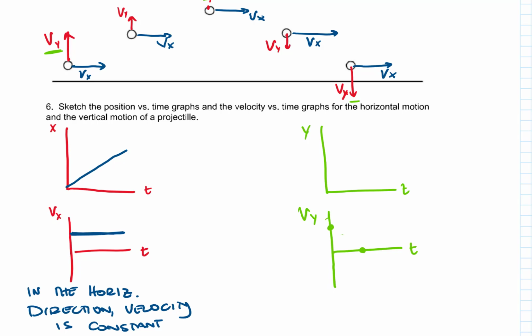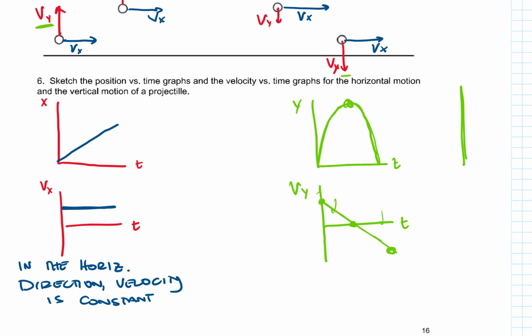So if we look at y velocity as a function of time, we have this nice line with negative slope the entire time. And if we look at the y position, we're going to go straight up and come straight back down in the y direction. So y position as a function of time is going to look like this, where this is the very top where we have 0 velocity. We move up here, we're moving up here, moving down here, and we're moving down there.